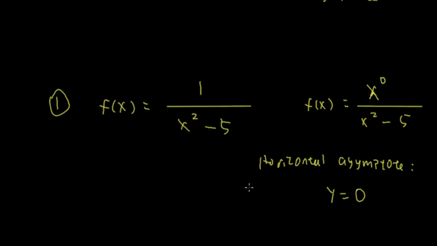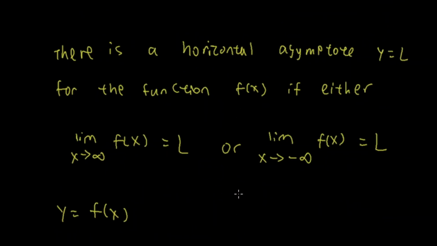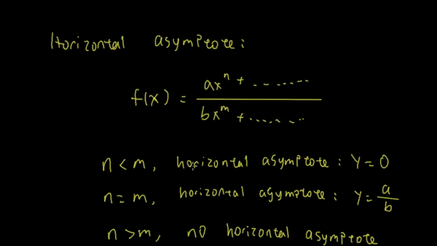Okay, now let's use the limit method. By taking the limit as x approaches positive infinity, we use positive infinity on both sides. Since the rule is that either one of these works, let's use positive infinity. So we will take the limit as x approaches positive infinity on both sides of the function.